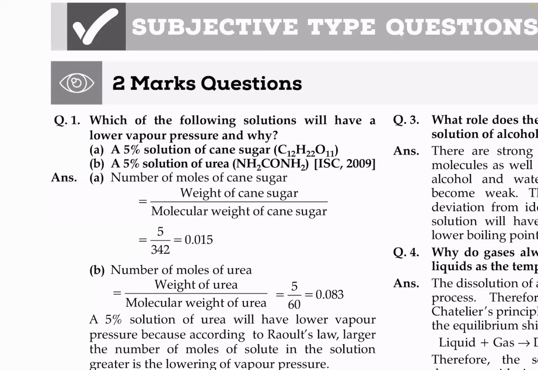First of all, you must be knowing cane sugar, that is sucrose, and urea, both form ideal solutions. And both are 5% solutions. So what decides how much the vapor pressure will go down? It is decided by the number of moles of solute, isn't it?